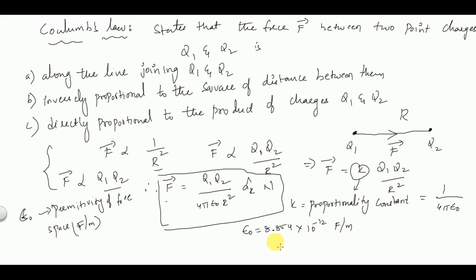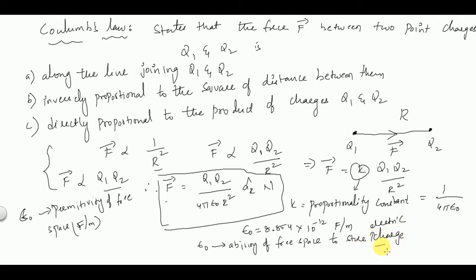So what is this epsilon naught? Epsilon naught defines the ability of free space to store electric charge, which is why it is called permittivity.